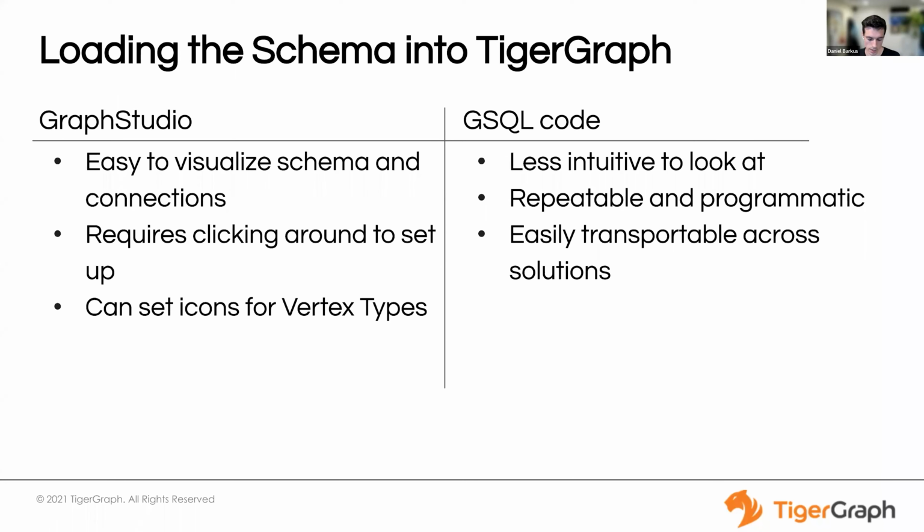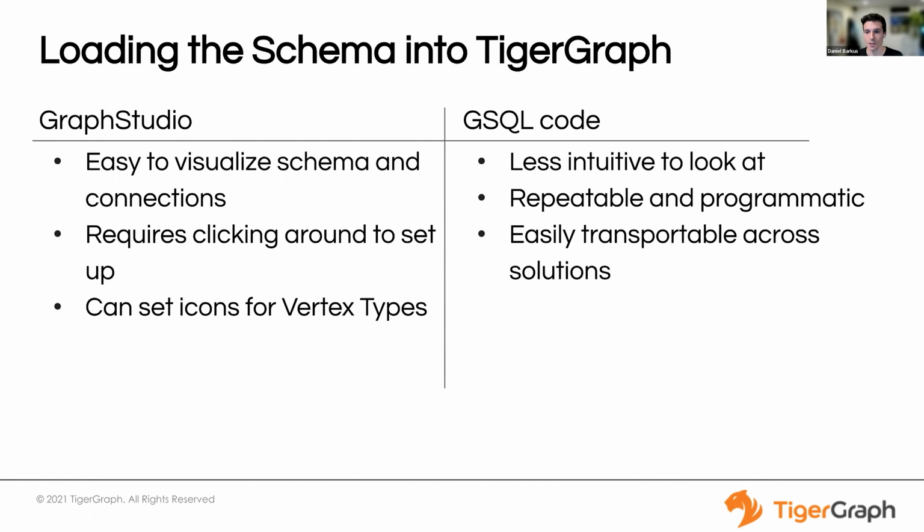GSQL is TigerGraph's native querying and coding language. And essentially everything that you do via Graph Studio gets turned into GSQL code, which gets executed on your TigerGraph server. So while these are two separate interfaces for doing the same tasks, at the end of the day, under the hood, they're both doing exactly the same thing and interfacing with the TigerGraph solution in the GSQL language.